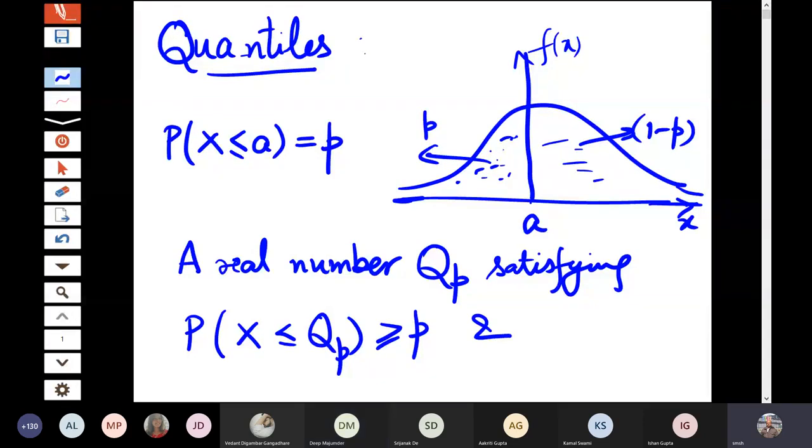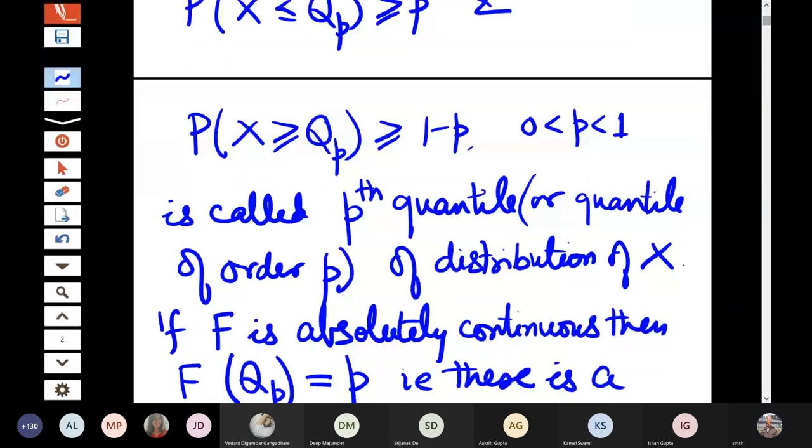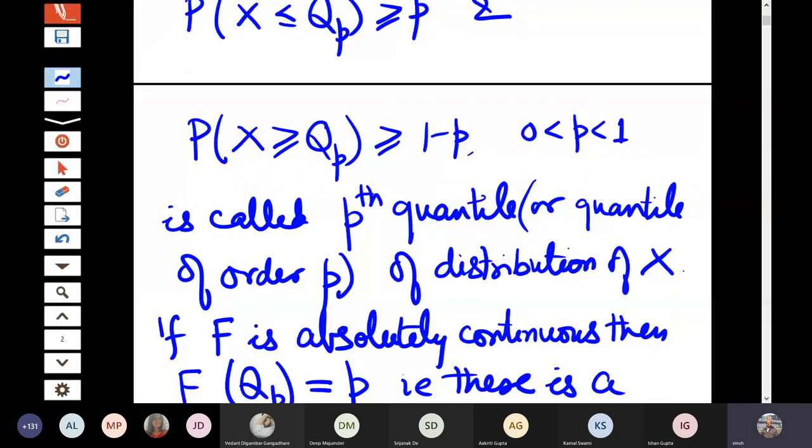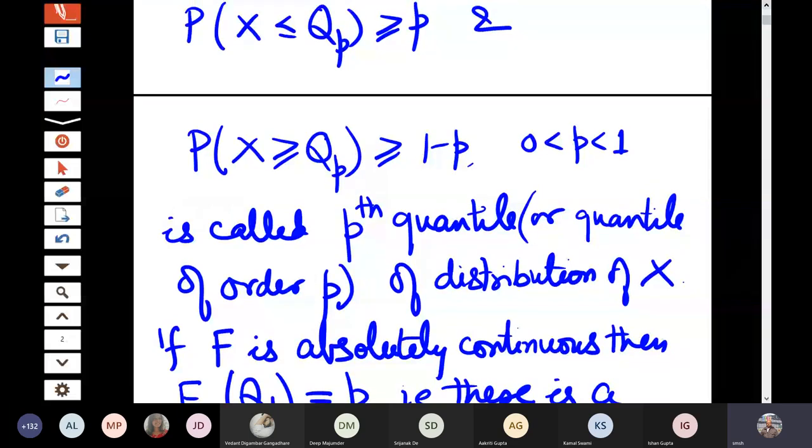So now to give a proper definition of this, because we need to cover the general discrete case as well as the mixed random variable case also. We define a real number Q_P satisfying probability X less than or equal to Q_P is greater than or equal to P, and probability X greater than or equal to Q_P is greater than or equal to 1 minus P, where P is a number between 0 and 1.